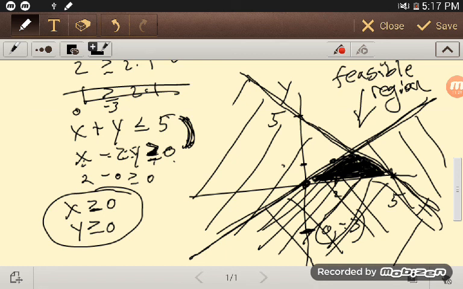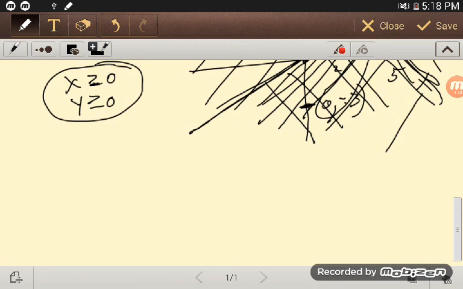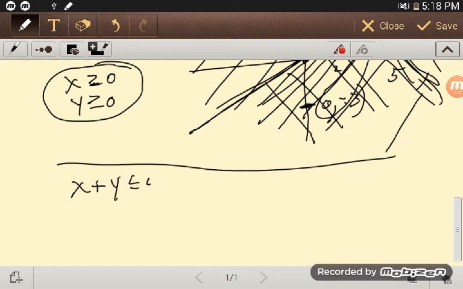Okay, so now it's possible you could have 2 regions that don't work together. For instance, suppose we'll just take x plus y is less than or equal to 5.